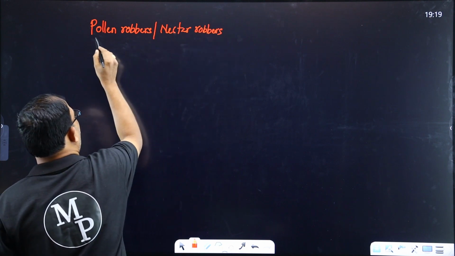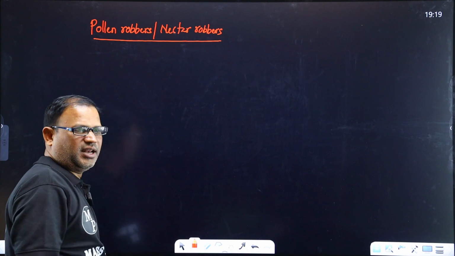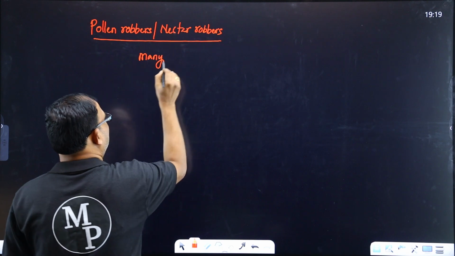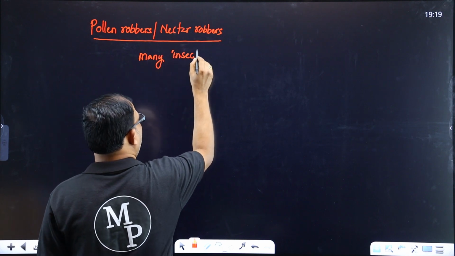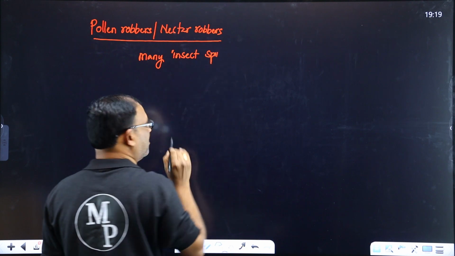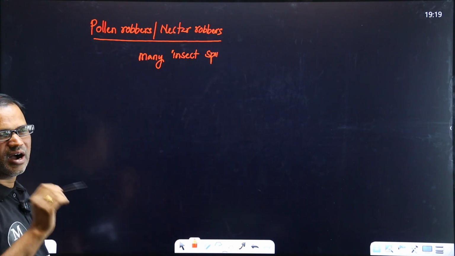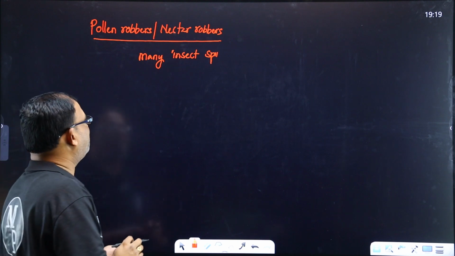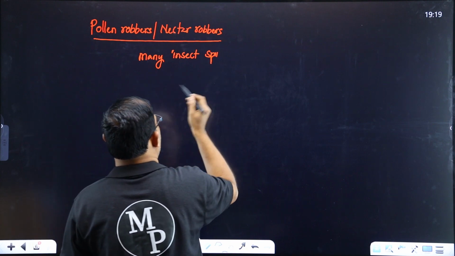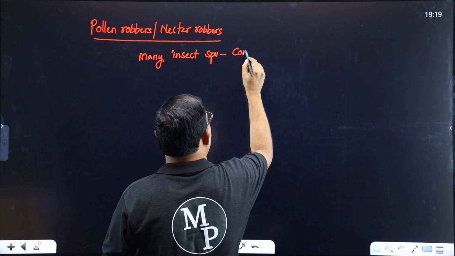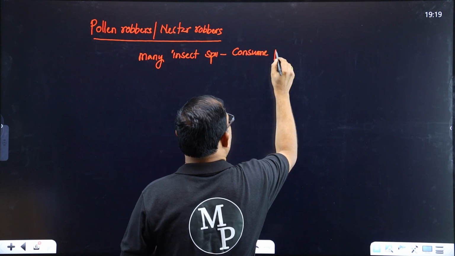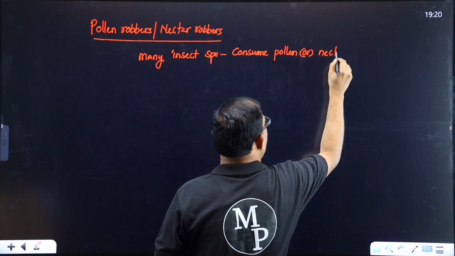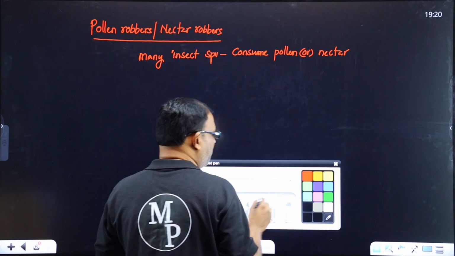Many insect species that consume pollen or nectar without bringing about pollination.